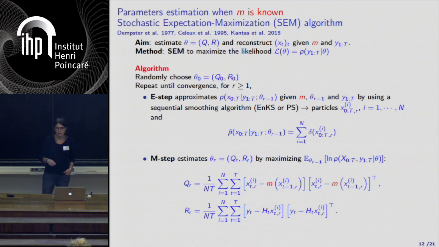It is an iterative algorithm. It starts from a chosen value of Q and R, and it will maximize the likelihood of the observations given these parameters.